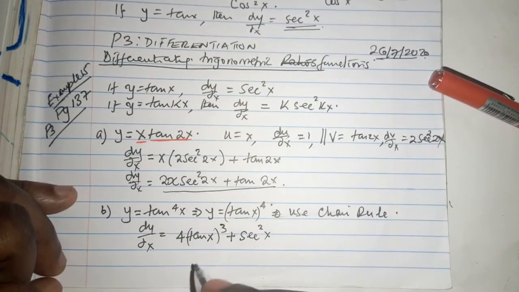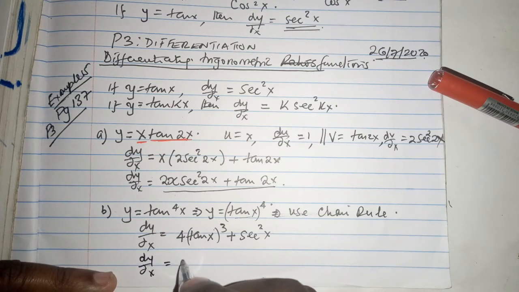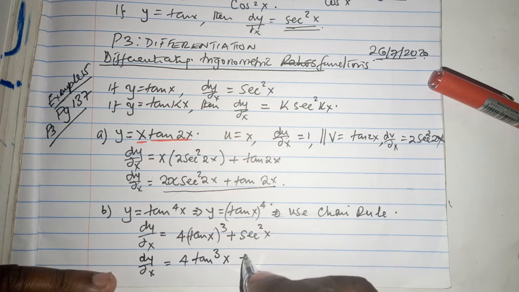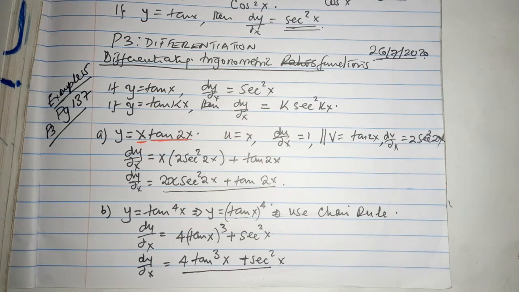So at the end of the day, we are going to say that dy dx is 4 tan cube of x plus sec squared of x. And that is the final submission as far as that one is now concerned.